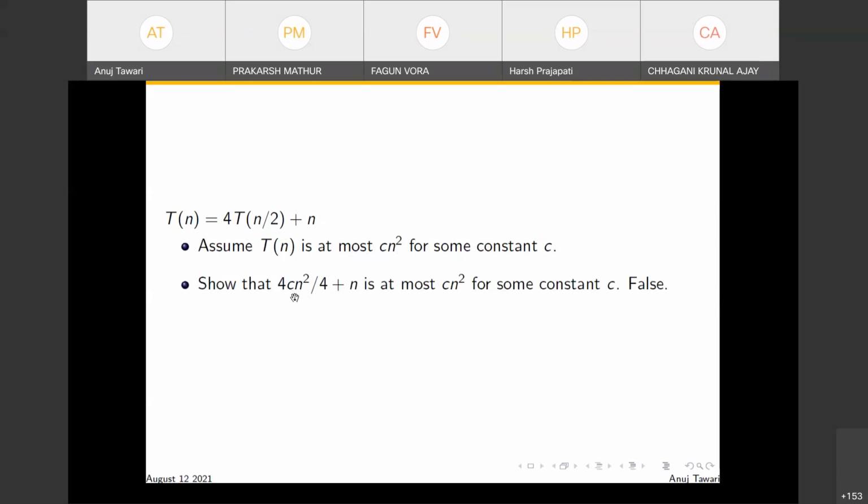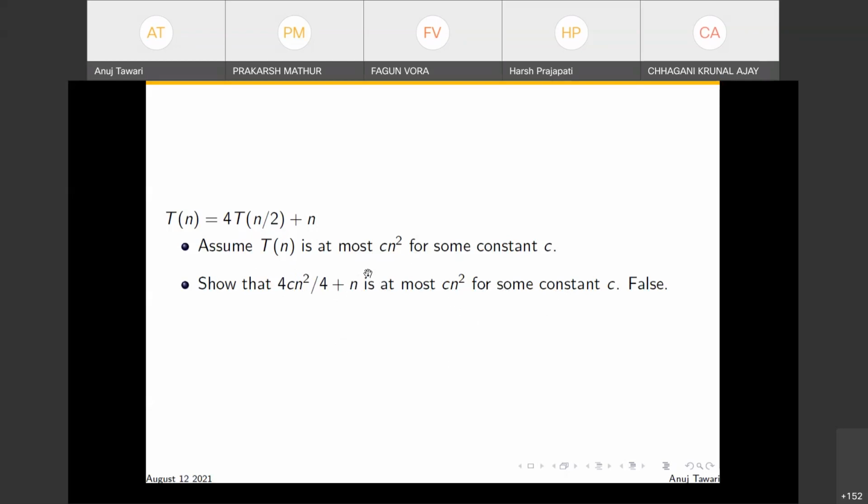This will become 4 c n square by 4 plus n, which we want to show is at most c n square. But this is obviously false. This will become c n square plus n, and on the right hand side you have c n square. And since n is positive, this quantity will always be larger than c n square.